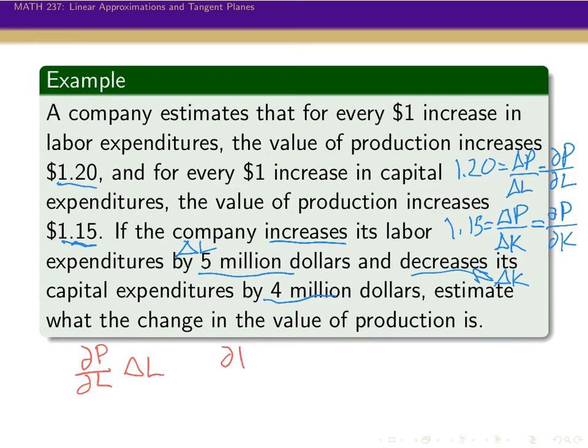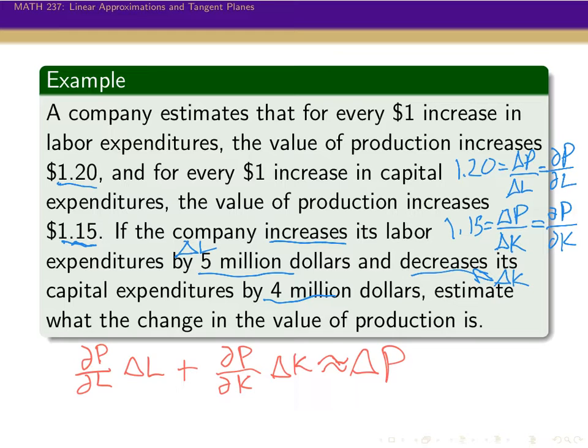That's the change in production per change in capital times change in capital. And then when we added those together, we were estimating, actually it was an estimate, so let's write it as an estimate. We would be getting approximately the change in production, right?